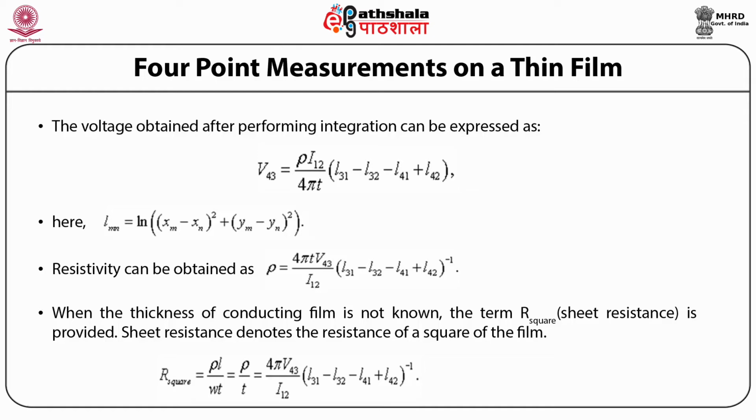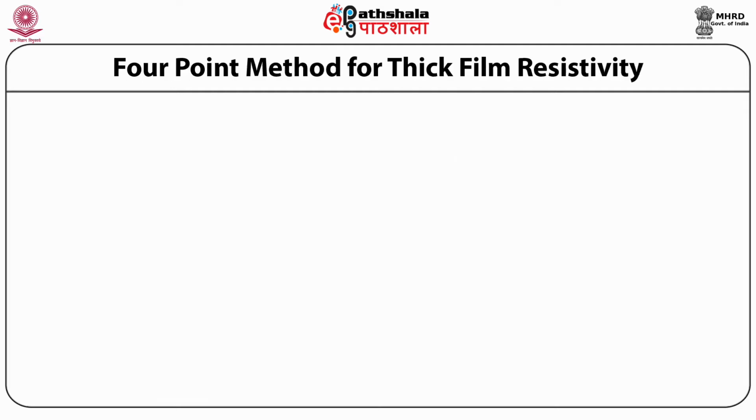This is equal to ρ divided by t, because the film is a square. So this equals 4π V43 / I12 into the inverse of (L31 minus L32 minus L41 plus L42). We next discuss the 4-point method for thick film resistivity.